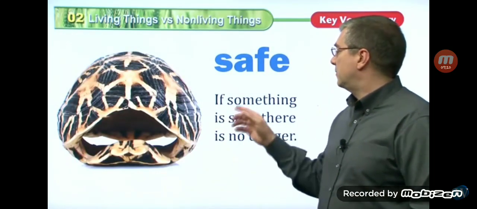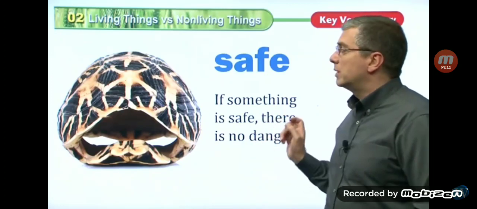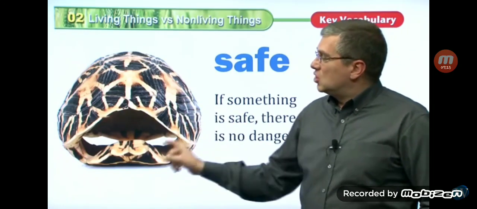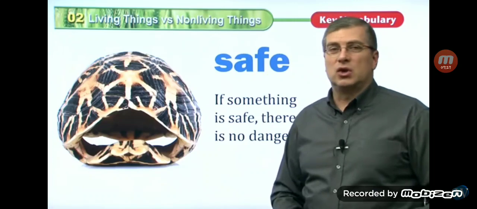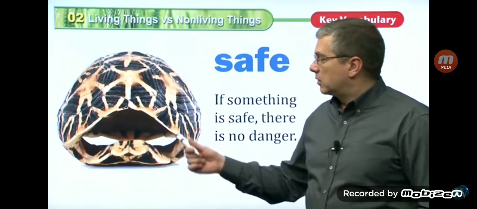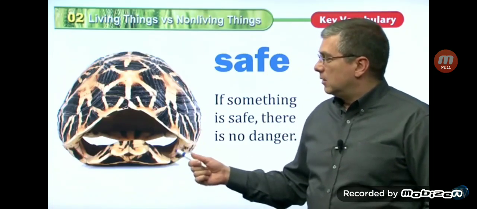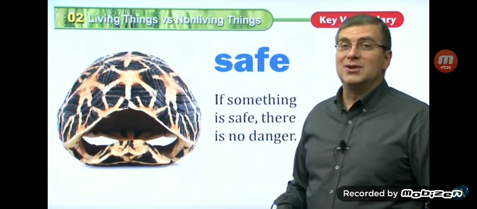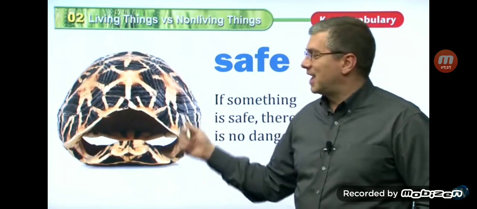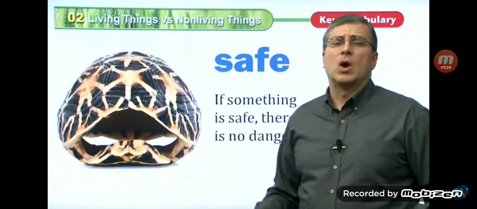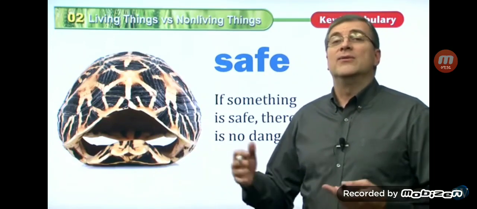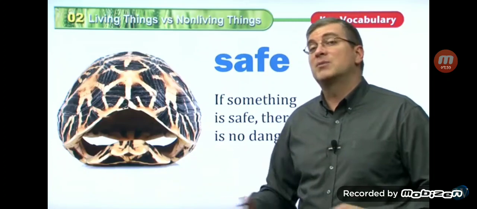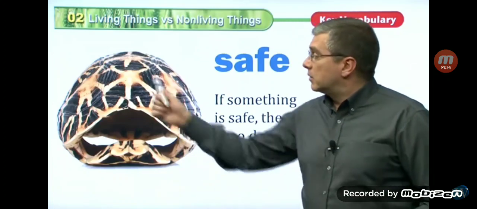Shell. We have a shell here. If something is a shell, it has no life. What in the image is a turtle shell. A turtle used to live here. If the shell was alive, it died of old age. The old thing dies. Old things grow, they get bigger. That's part of the life cycle.